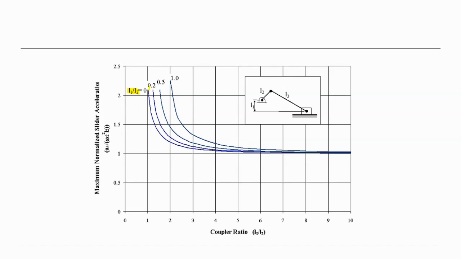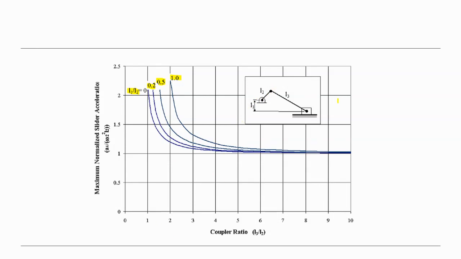L1 over L2 starts from 0, or 0.2, or 0.5, or 1.0. So 1.0 means 1 to 1. That means L1 is equal to L2.